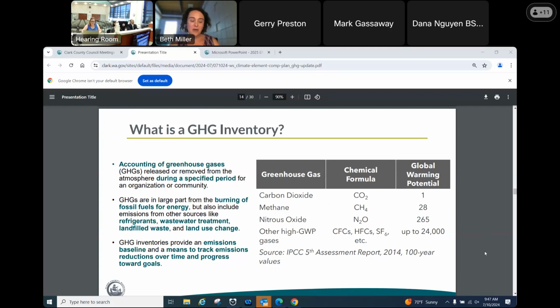Okay, so what is a GHG inventory? It's basically an accounting of all of the different sources of greenhouse gases released or removed during a specific period for a specific organization or geographic region or community. So in this case, we're looking at the geographic territory of Clark County, all the unincorporated territory.